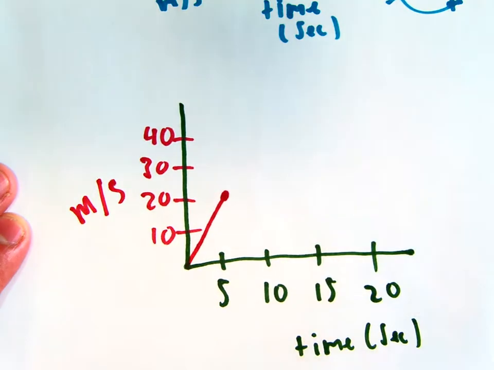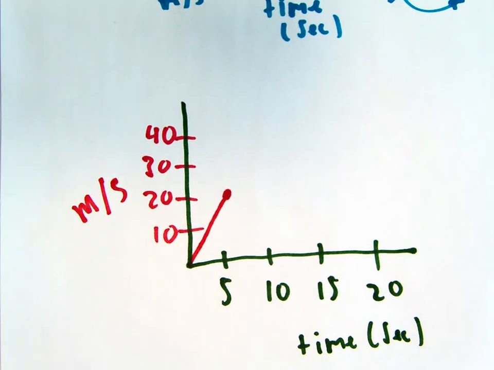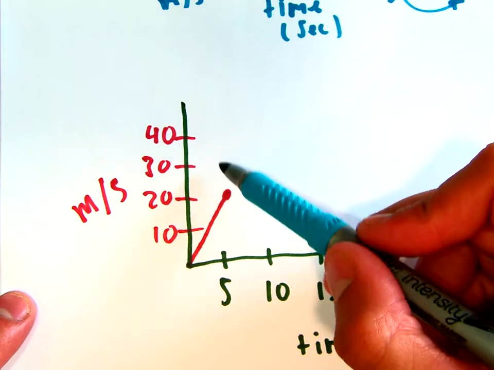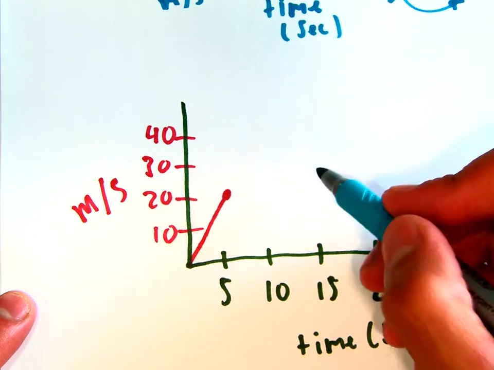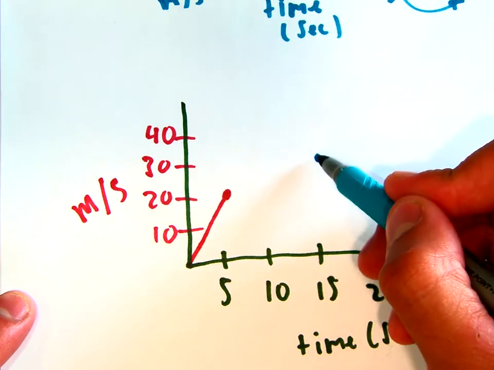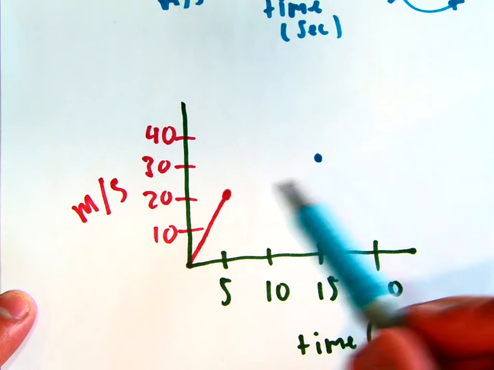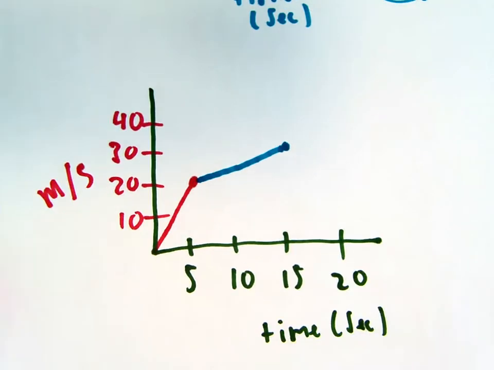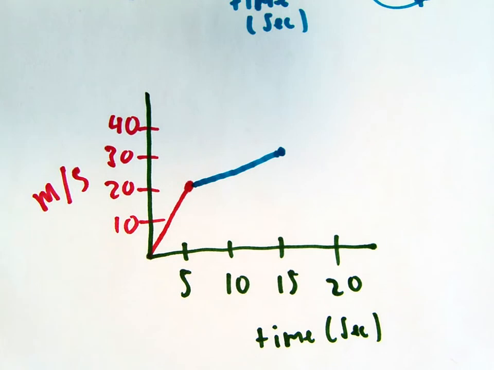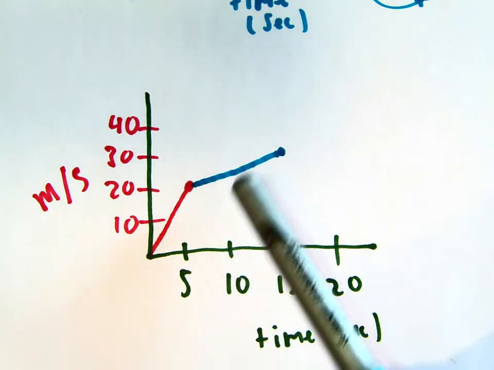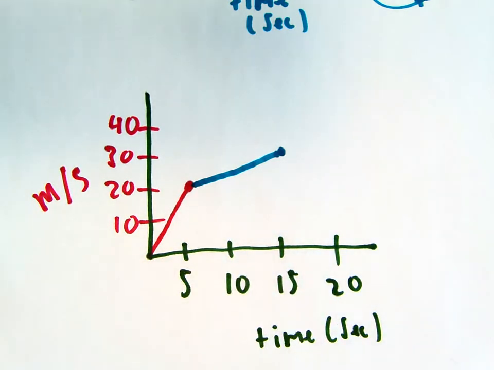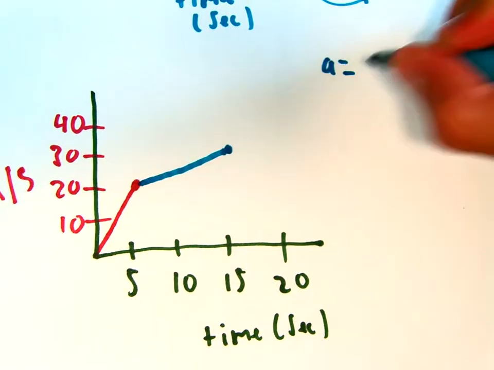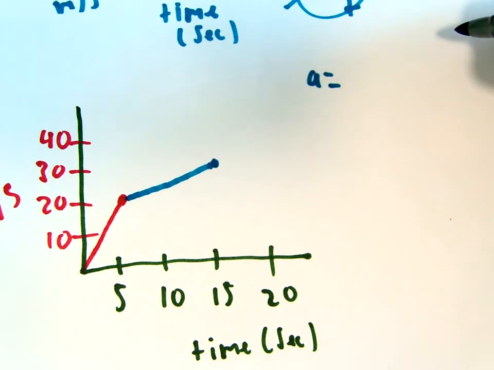That's what the first part of the graph looks like. Then they go from 20 meters per second to 30 meters per second, but it takes them 10 seconds to do that. Looks like this. Okay? So if I ask you to calculate acceleration for these, we should remember that acceleration equals my change in velocity, final take away initial.